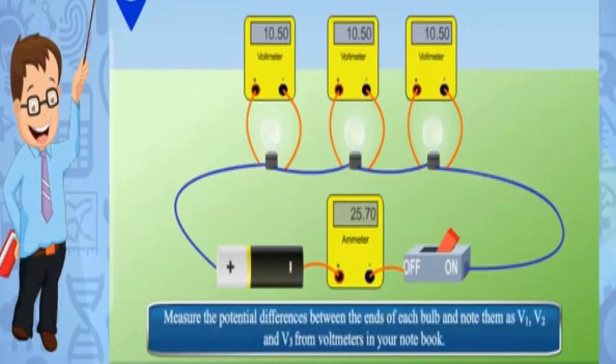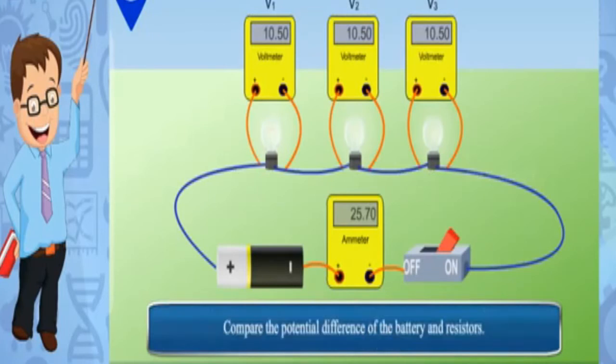Measure the potential differences between the ends of each bulb, and note them as V1, V2 and V3 from the voltmeters in your notebook. Compare the potential difference of the battery and the resistors.